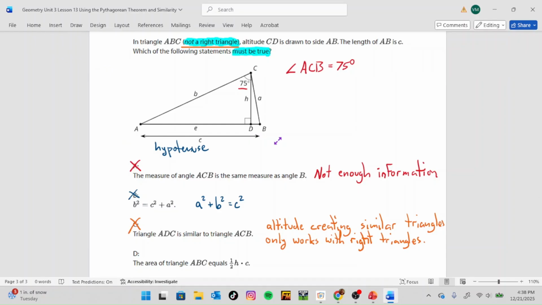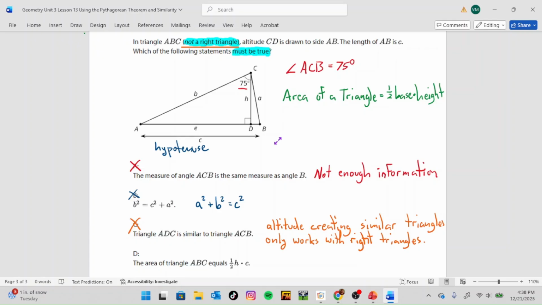Choice D says the area of triangle ABC equals 1/2 H times C. So remember that the area of a triangle equals 1/2 base times height.